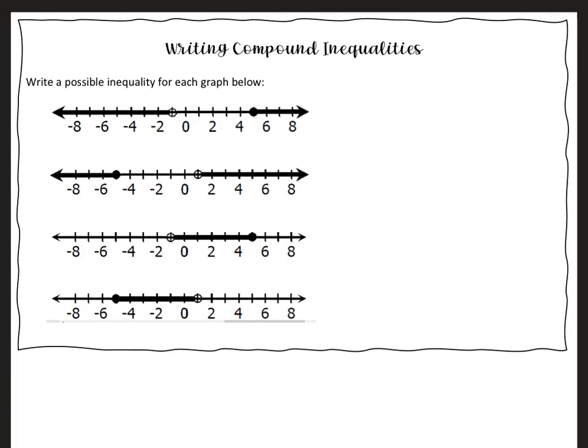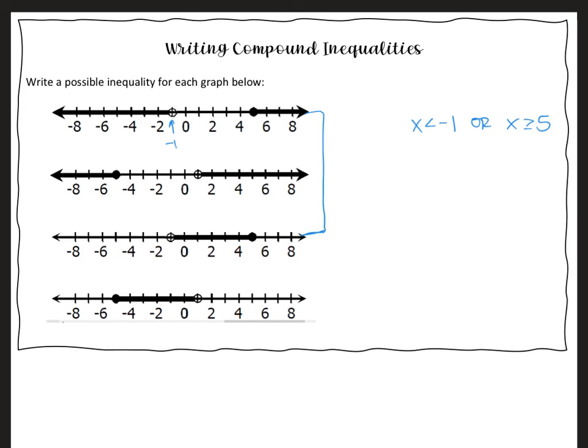All right, lastly, writing compound inequalities. I'll do the first and third, and then I'll have you guys do the second and fourth on your own. All right, so that first compound inequality, notice the arrows are going out. So this is probably going to be an "or" compound inequality. So notice this is -1, and so x is less than -1, or x is greater than or equal to 5.